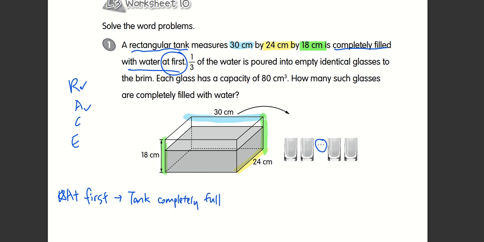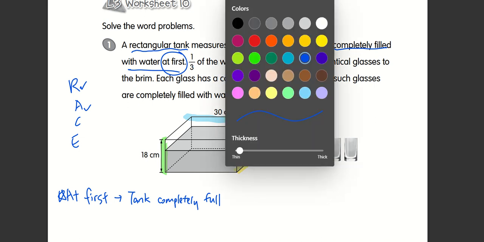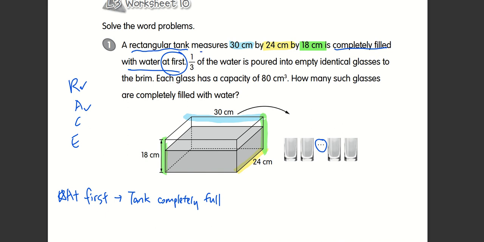And what happened? 1/3 of the water in the tank is poured into empty identical glasses. So the empty identical glasses are here. They were initially empty.